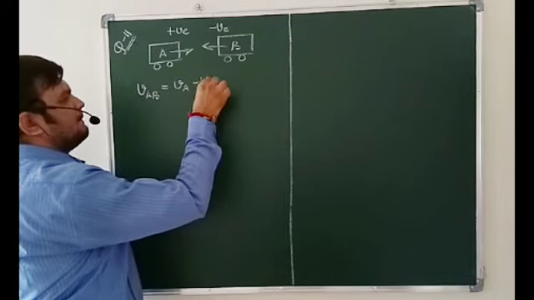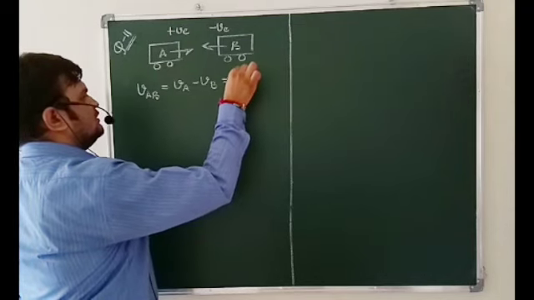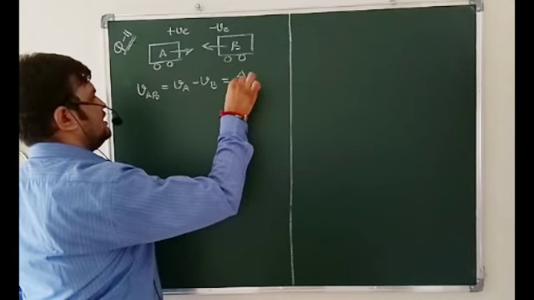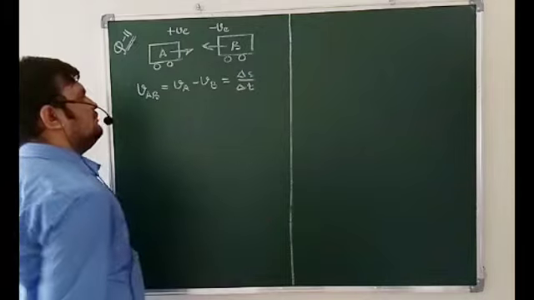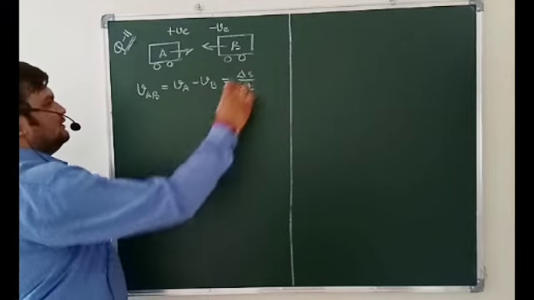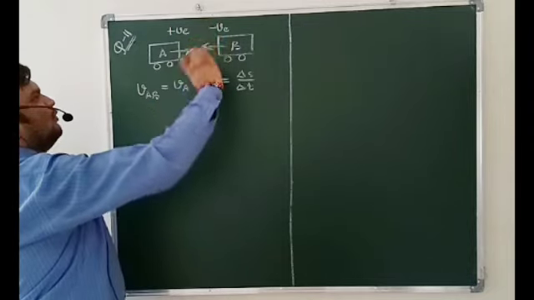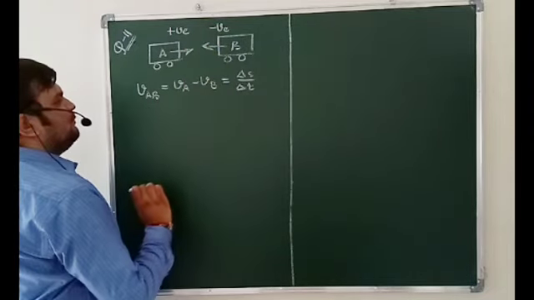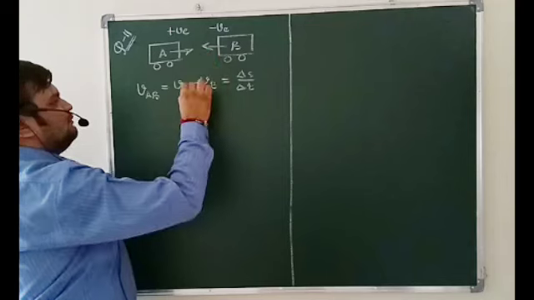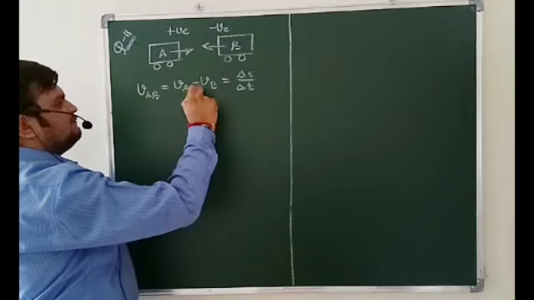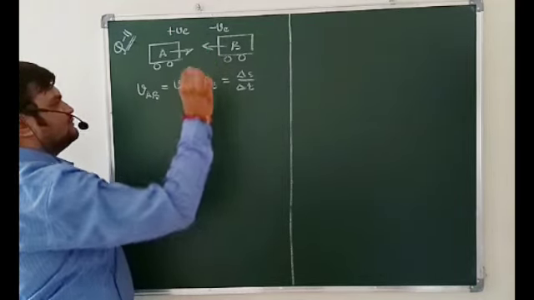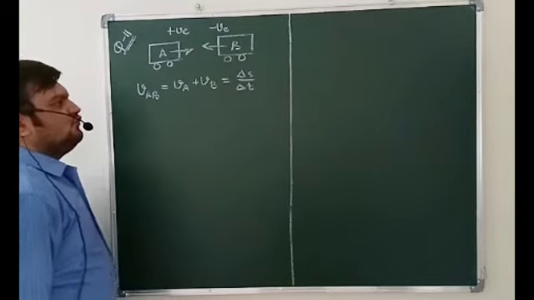VB, that is delta S divided by delta T. Ultimately VAB is delta S by delta T. Here both the cars are moving in the opposite direction, so VA minus VB becomes VA plus VB.